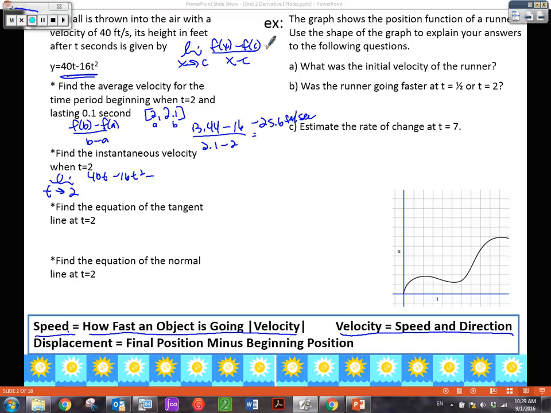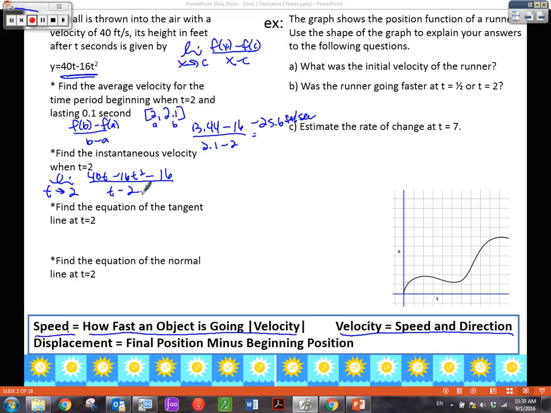In other words, I take the 2 and substitute it in here to get a value. I did that, and I got a positive 16, so minus 16, all over t minus 2. That is the alternative form of the definition of the derivative. We're going to work through that and get an answer.